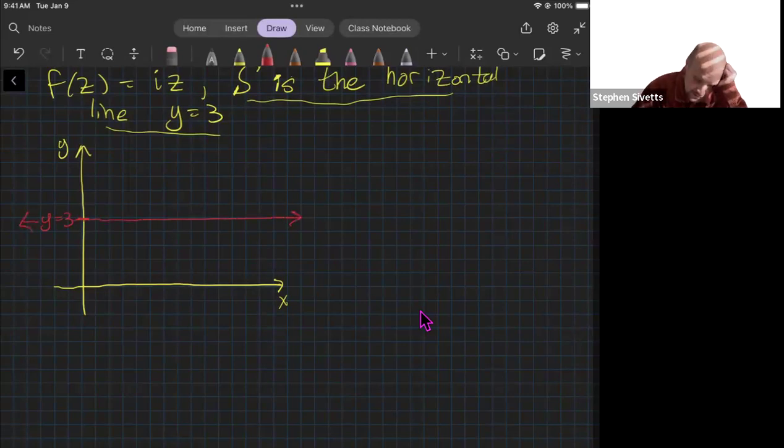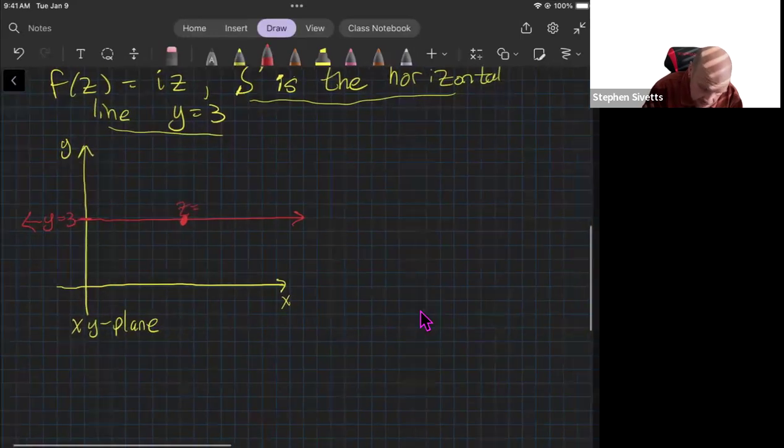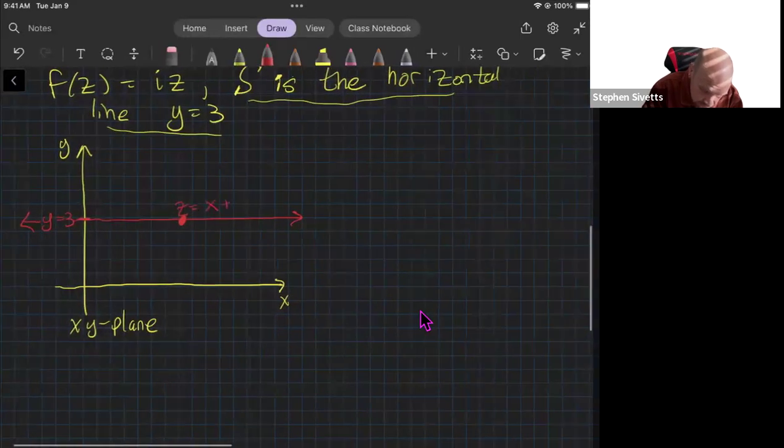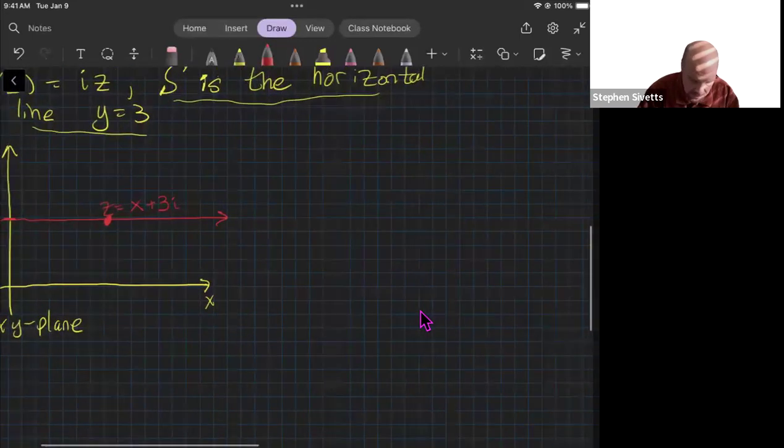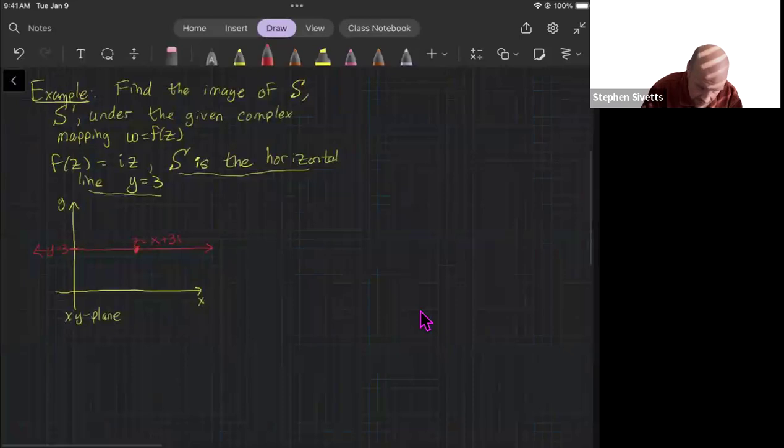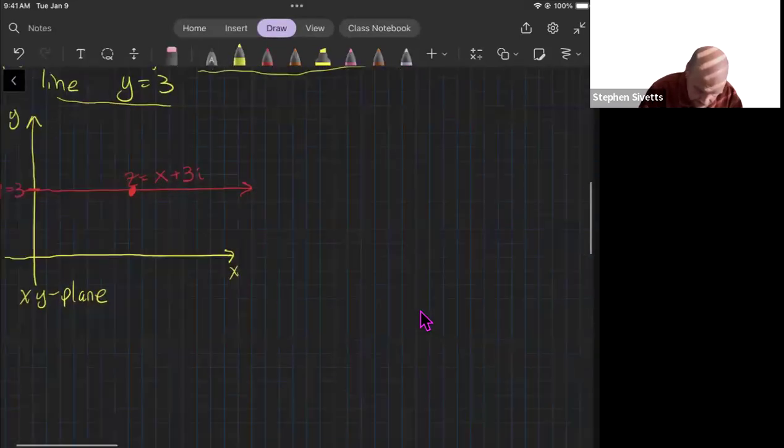A point z on this line is given as a complex number where x is varied but the y coordinate is 3, so it's x plus 3i. Any point on that line is given as x plus 3i.